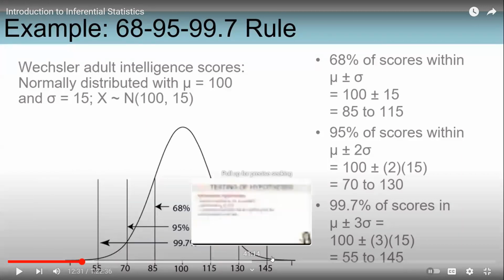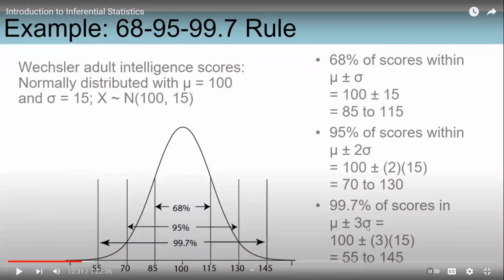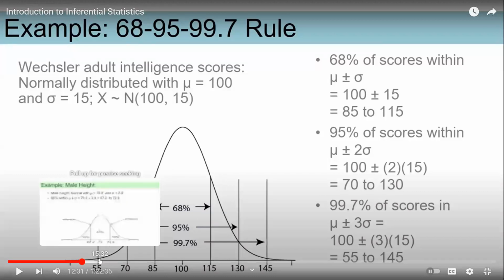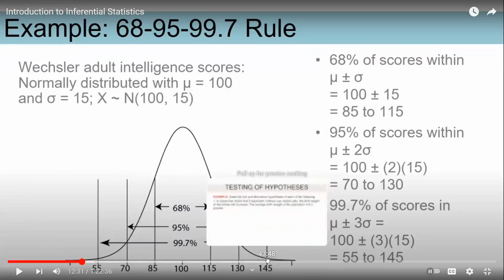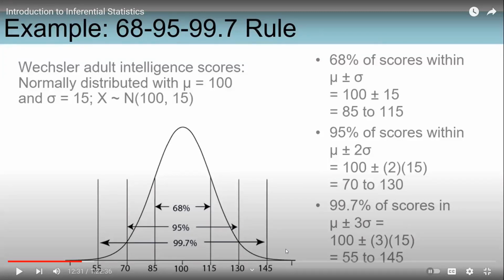And from 55 to 145, approximately 99.7%. So you might be asking, sir, how about those that are less than 55 and greater than 145? Their combined probability is around 0.3%.